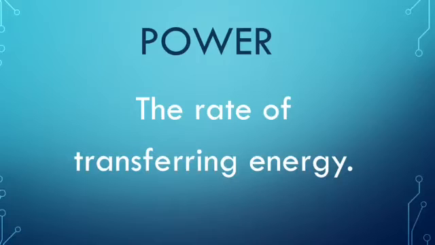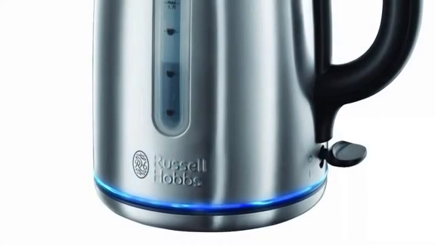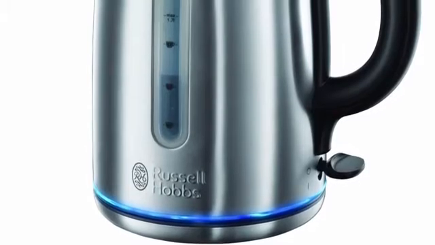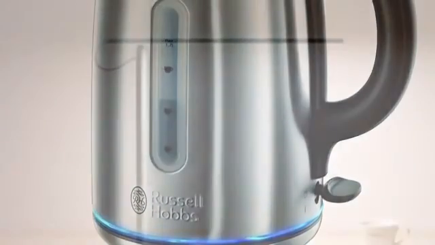Power is the rate of transferring energy, and it is measured in a unit called the watt. 1 watt is small, so expect to see kilowatts or even megawatts in questions. A kettle is more powerful than a desk lamp because it transfers more energy per second.